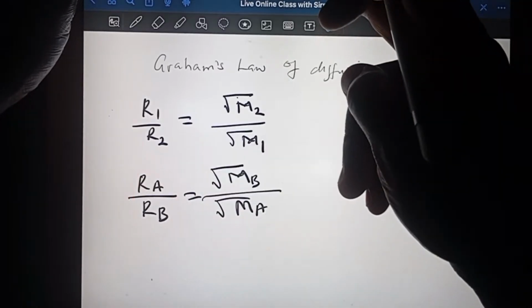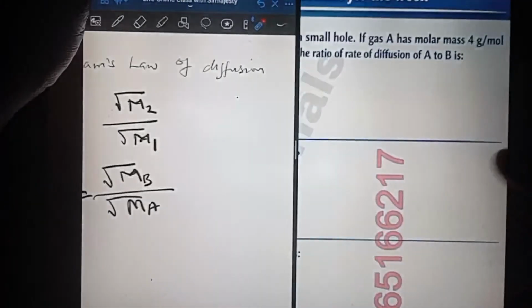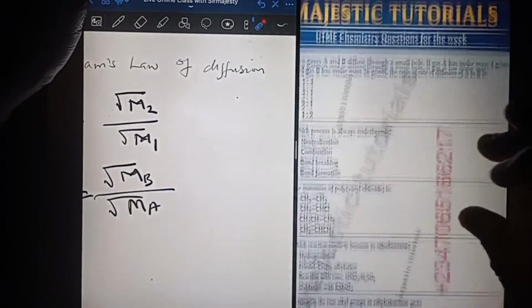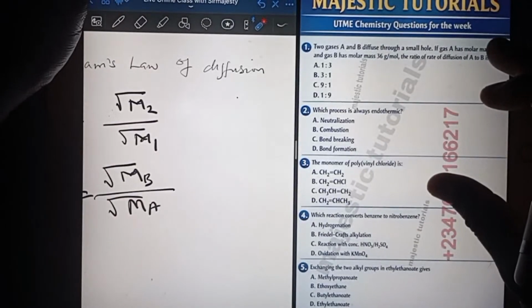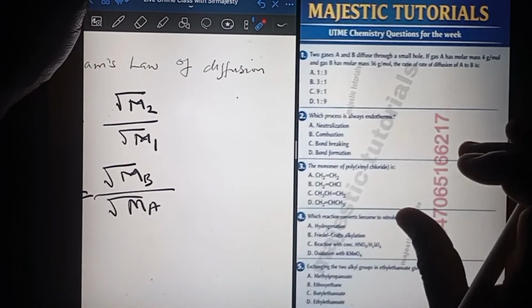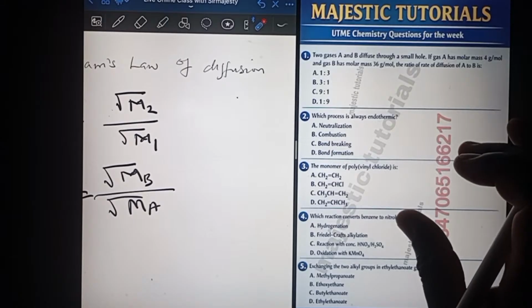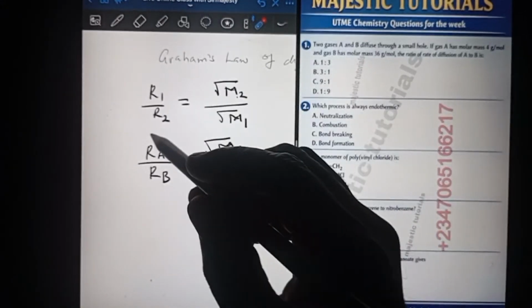Maybe for those joining, I got to bring this out so we can see. This is actually the question I'm solving. Two gases A and B diffuse through a small hole. If gas A has molar mass 4 gram per mole and gas B has molar mass 36 gram per mole, find the ratio of rates of diffusion of A to B.